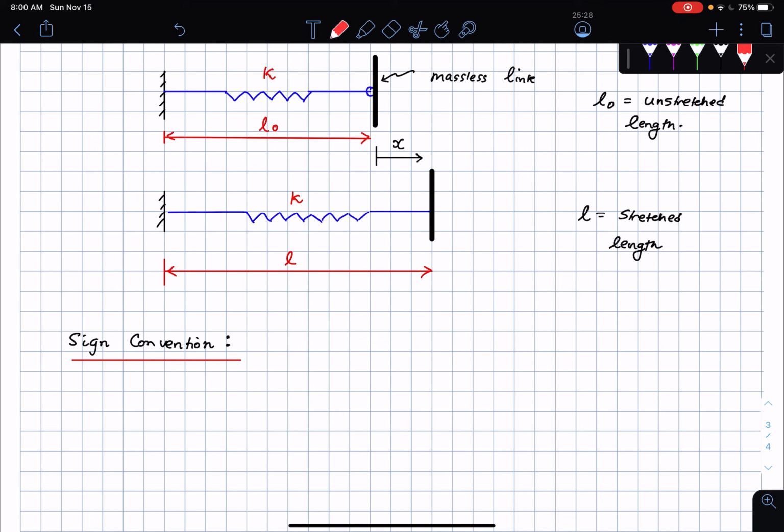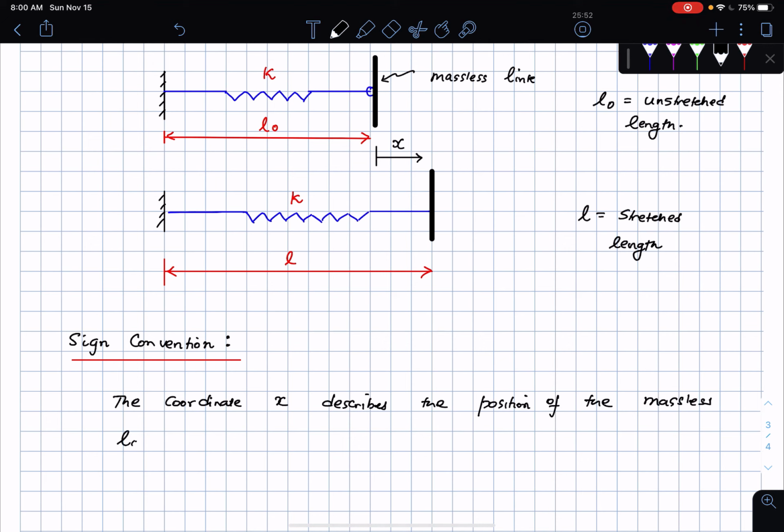So from the perspective of sign convention, the coordinate x that you're typically seeing describes the position of the massless link.